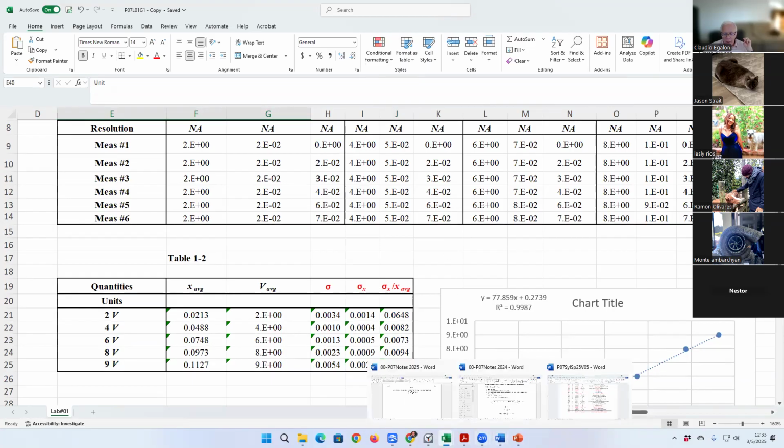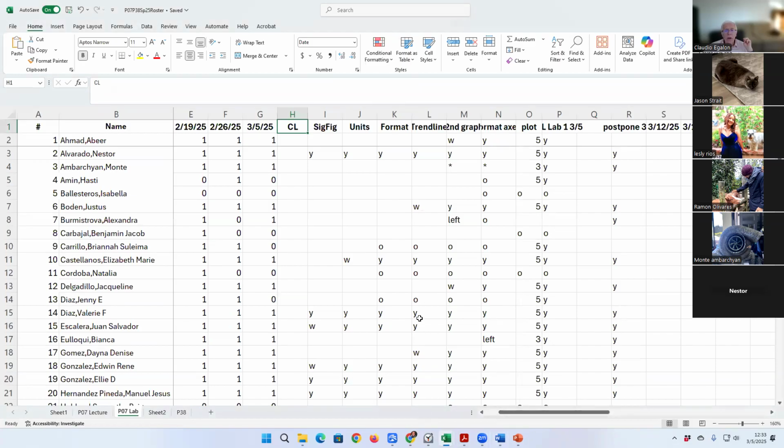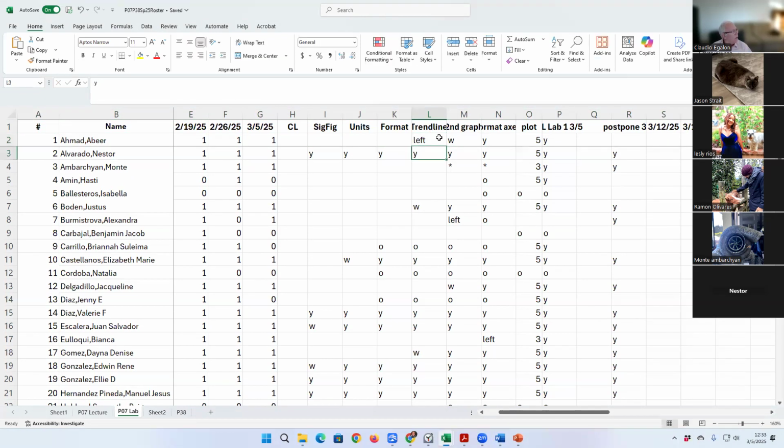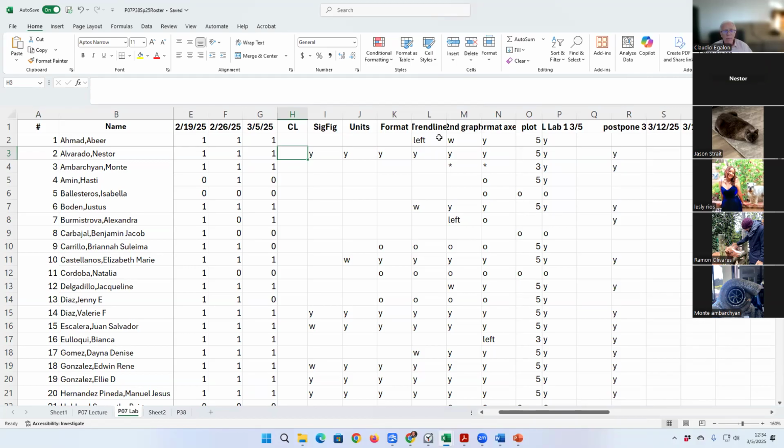Let's see how we are doing, going back to the spreadsheet here. Abir Ahmad, are you there? Looks like Abir Ahmad left. Nestor Alvarado, did you get the CL already? Yeah, if the CL is the last part, then I finished it. Okay, so let's go to Monte.